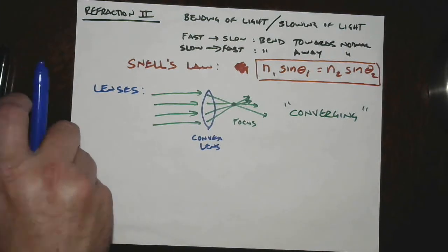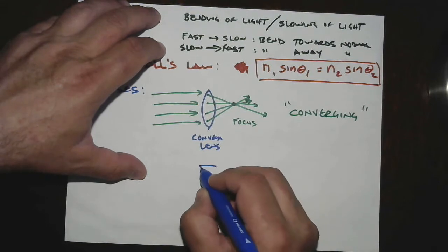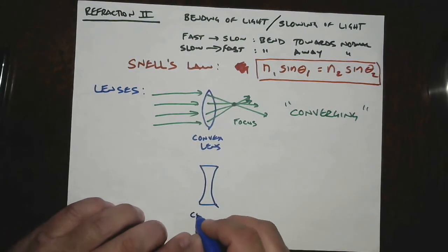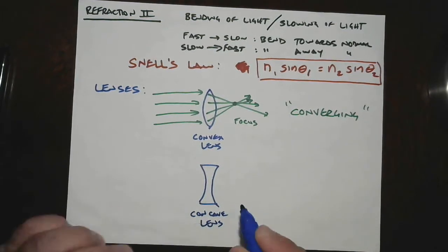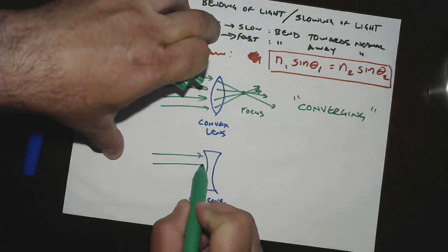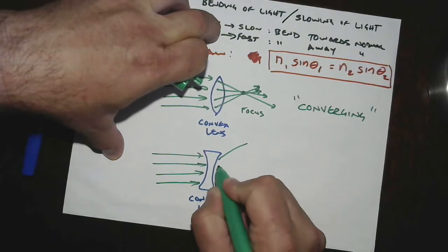There was another type of lens that we had, and this was the type of lens where it's thicker on the sides than the middle, and this is a concave lens. And parallel rays of light going into a concave lens would diverge away.